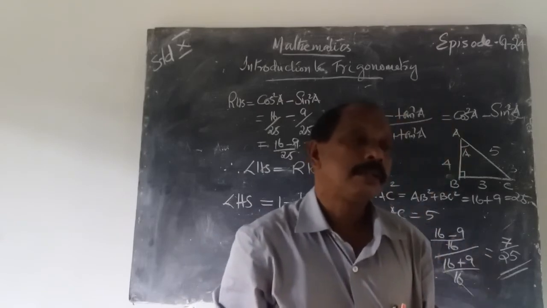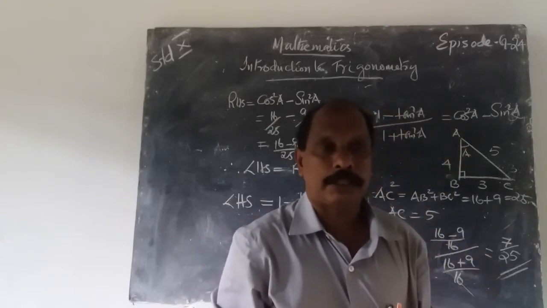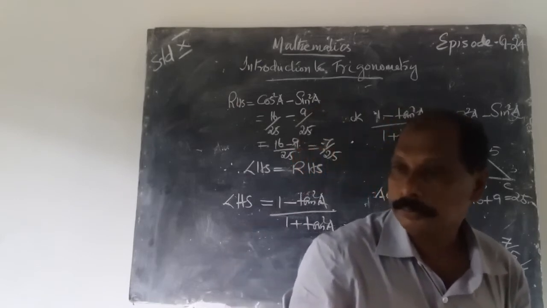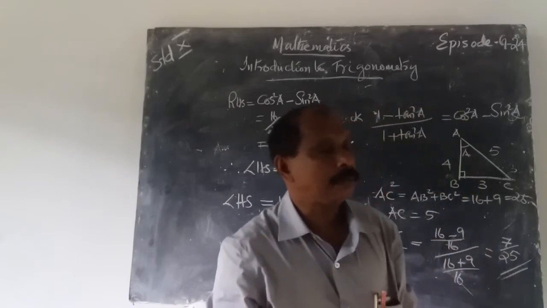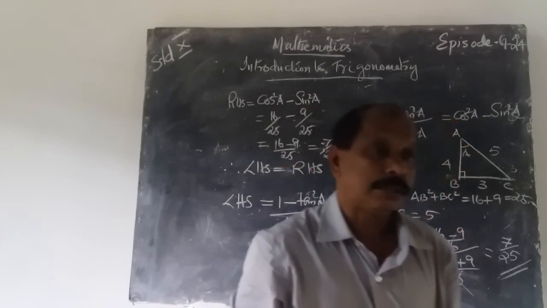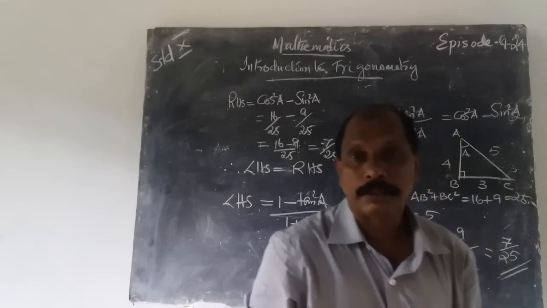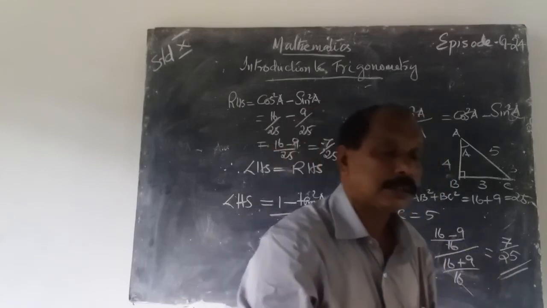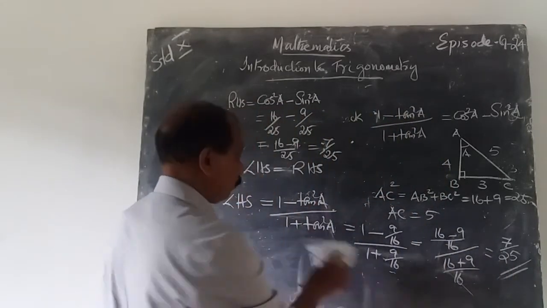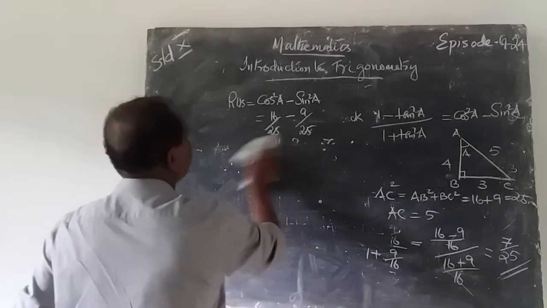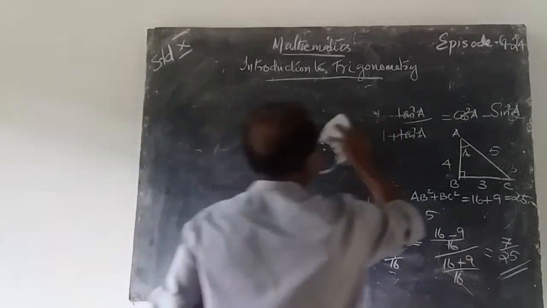Then sin A and cos A. Cos A is equal to 4 by 5, square is 16 by 25. And sin A is equal to 3 by 5, square is 9 by 25. 16 minus 9 is 7. That is 7 by 25. They are equal. Therefore, LHS is equal to RHS.